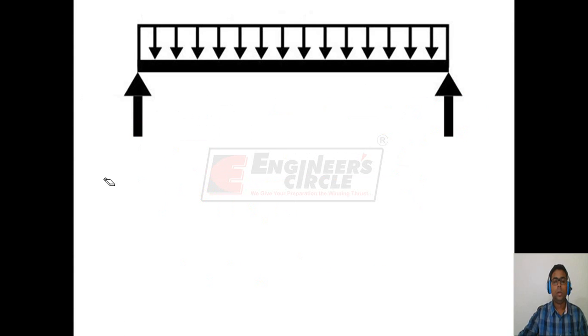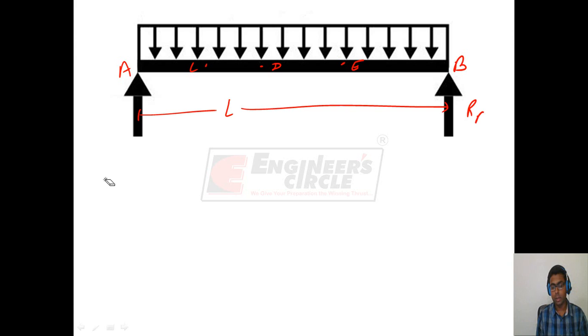Now we can also balance moments about any point on this beam, either point A or point B or point C or point D or any point on the beam, because this beam is not rotating about any point. Let us do the moment balance about point A. Remember that this length is L, and this reaction is RB, this reaction is RA.